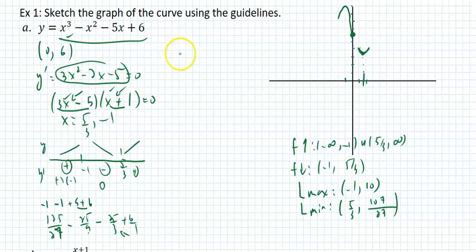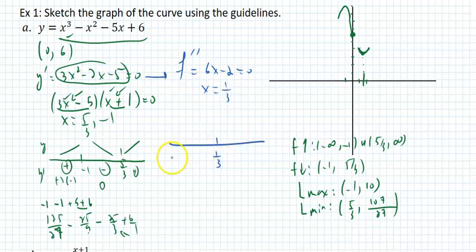Now I want to take a second derivative to figure out inflection points. f double prime is 6x minus 2. And if I figure out where that equals 0, that's when x equals 1/3. There is 1/3, f double prime and f. If I pick a point to the left of that, say 0, put 0 in there. 6 minus 2 is negative.